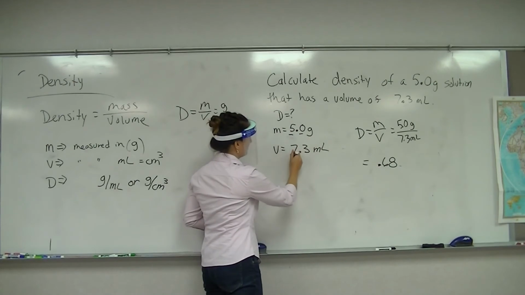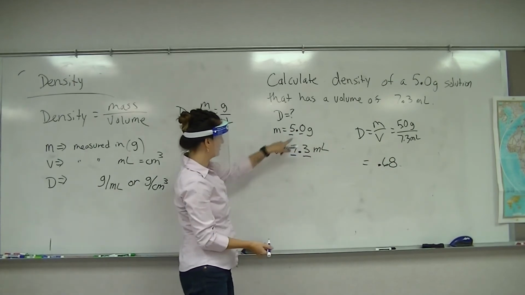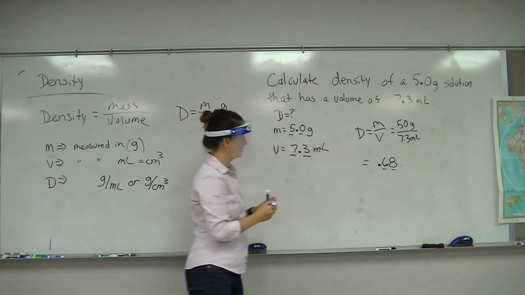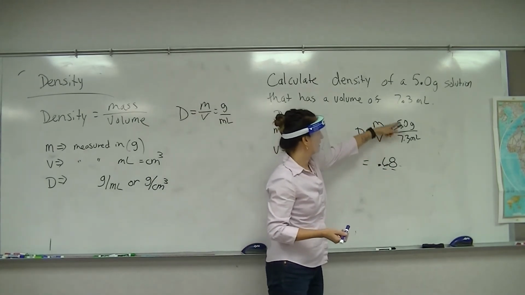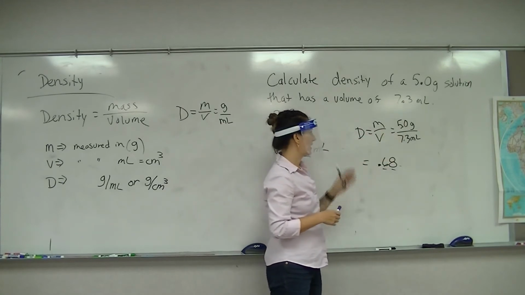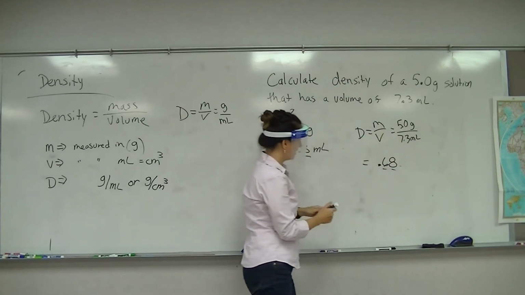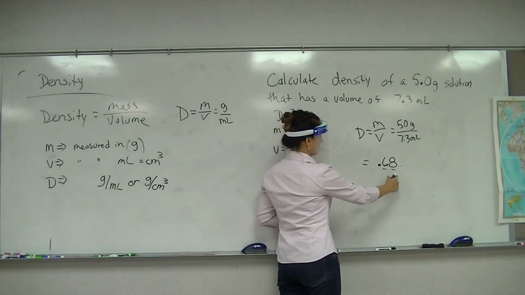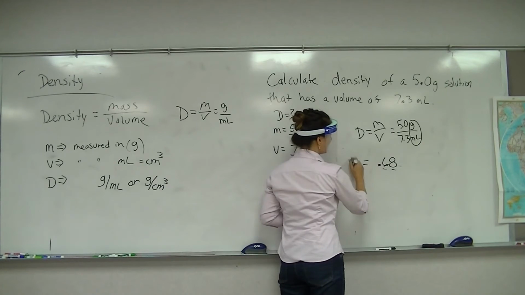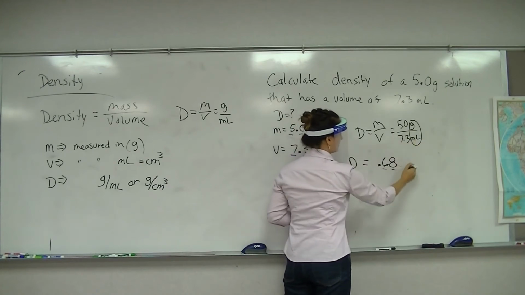You count the sig figs in both numbers you used: 2 there, 2 there, so I only want 2 in my answer. Remember, when we divide, we look at sig figs as a whole; with addition and subtraction, we just focus on decimals. So I have 0.68 as my answer, and I want to remember units. Since it's a density, I'm going to have grams per mil.